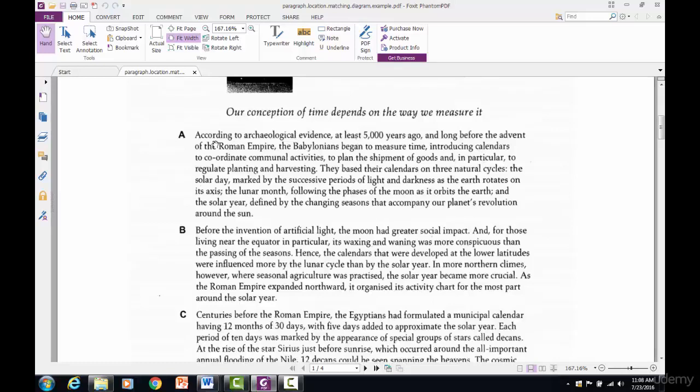So they introduced calendars to coordinate activities, to plan the shipment of goods, and in particular to regulate planting and harvesting.